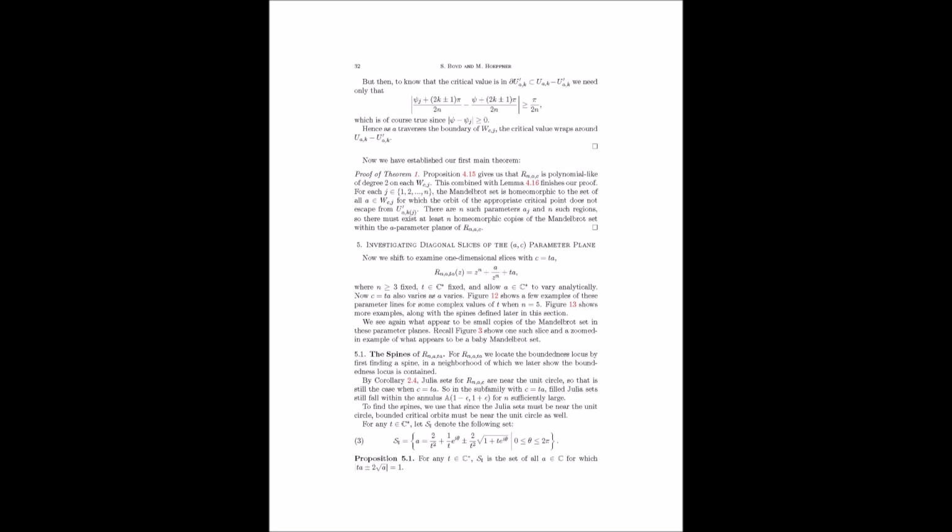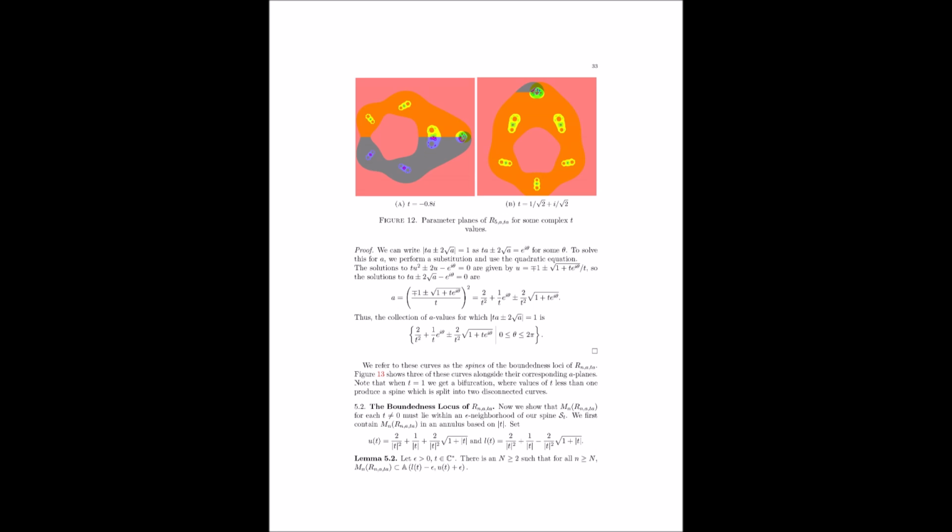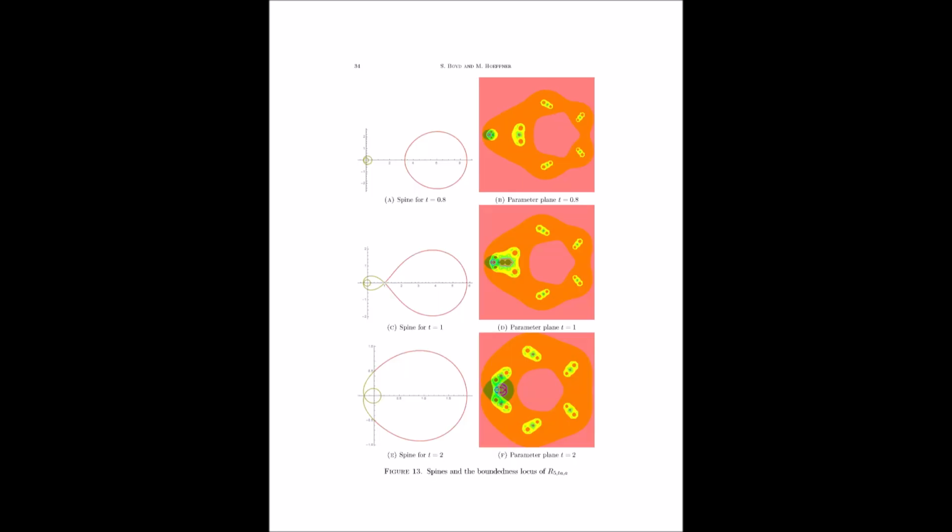Essentially, a polynomial-like map behaves very similarly to a polynomial on a certain region of the complex plane. So it's like saying, even though our generalized McMullen map is more complicated than a simple quadratic polynomial, it acts almost exactly like one in this particular region.